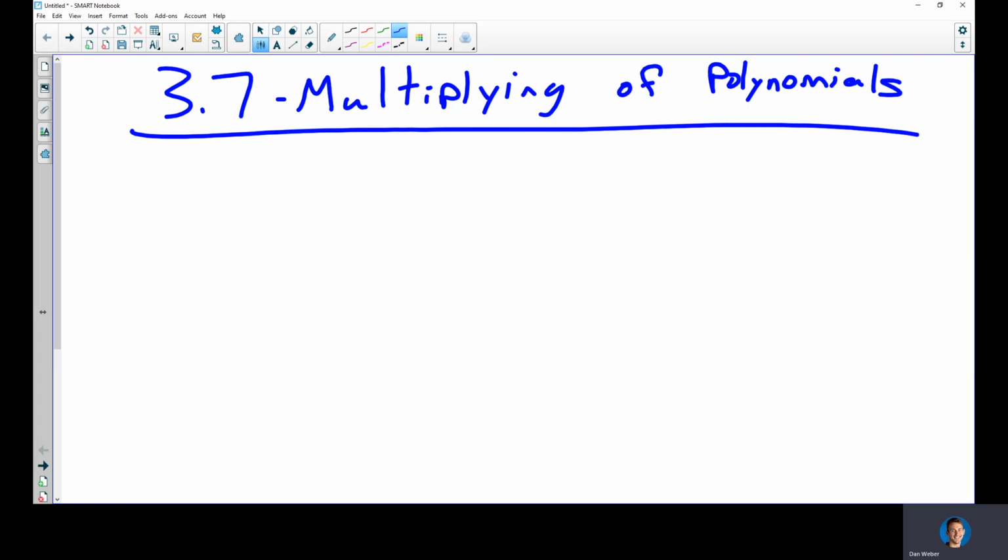Okay, so we've done multiplying the polynomials before when we did FOIL, all right? Like with this stuff. We've done this before, right? We use FOIL: first, outside, inside, last.